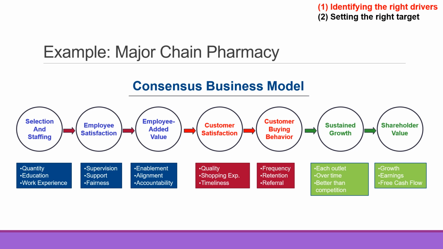Customer satisfaction drives the customer to come to the store, and when you look at another causal place, what drives the customer to be satisfied is the employee's added value. A more satisfied employee provides good value to satisfy your customer. The customer comes back and drives the growth, and ultimately all the way toward the front of this causal model, there's a selection and staffing item that keeps the employee satisfied.